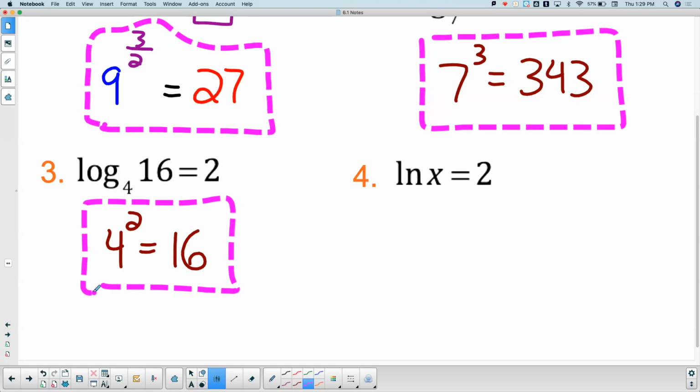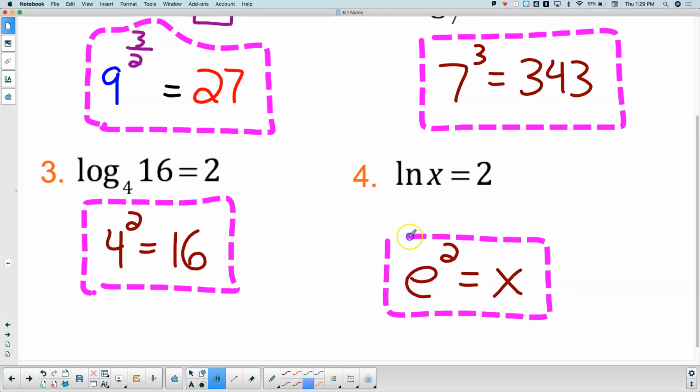What's wrong? Number 4. Anybody want to take a chance on 4? What do you got? E squared equals 9. Love it. Good job. Questions, comments, concerns, clarifications? So why is it E? Because it's natural log.